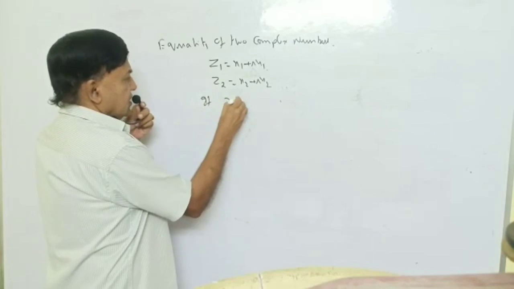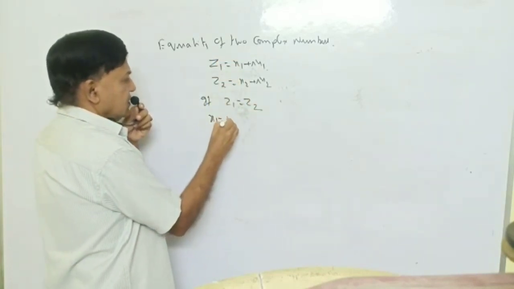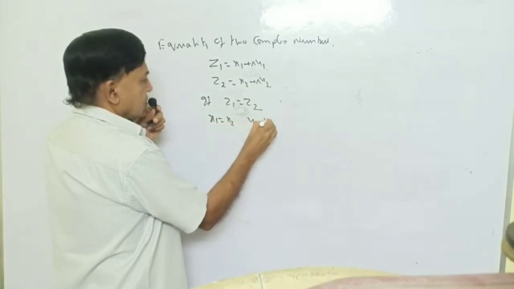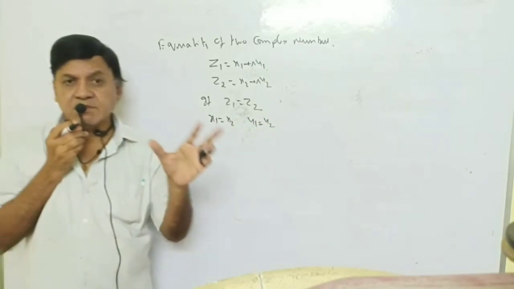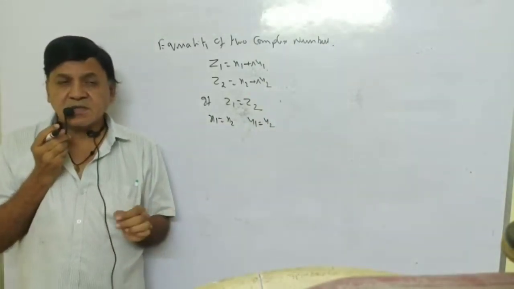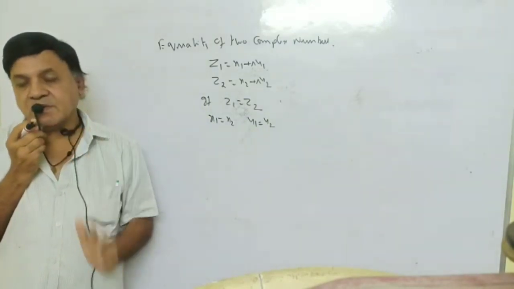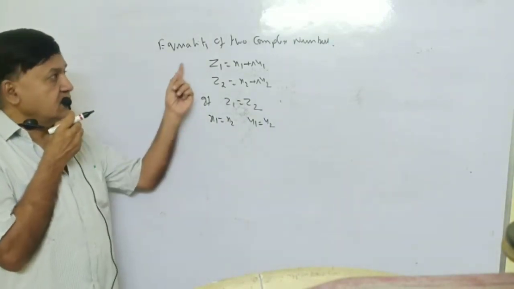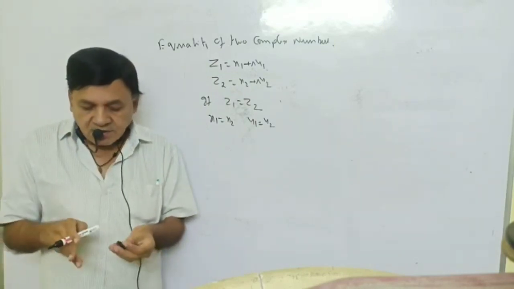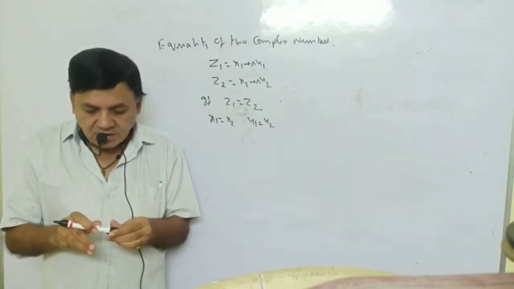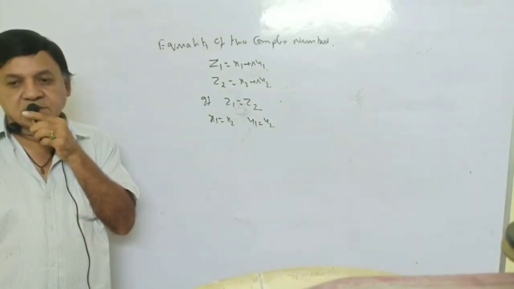If z1 is equal to z2, then x1 is equal to x2, y1 is equal to y2. So if two complex numbers are equal, then their real parts must be equal, imaginary parts must be equal.